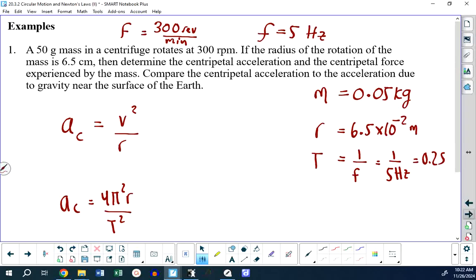Now, I'm just going to ask everybody here. You're asked to find the acceleration, and we know r and we know t. How many of you would use this second formula to find the acceleration? How many of you would use the first formula, but you would find the speed first?